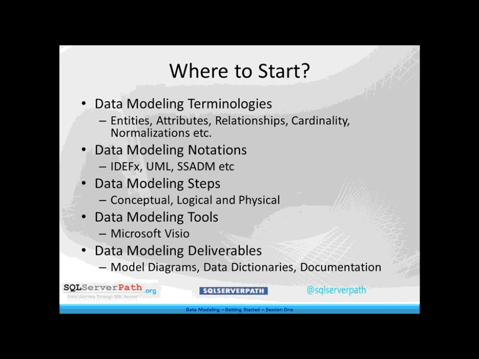If you want to start developing data models, you have to know some of the terminologies. What is meant by, for example, normalization? What is meant by cardinality? How am I going to understand the relationship between two entities? How am I going to plot all this in a diagram? All these things you have to know in order to start developing a data model.